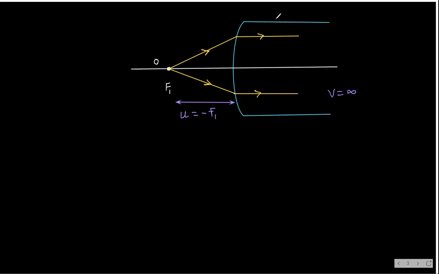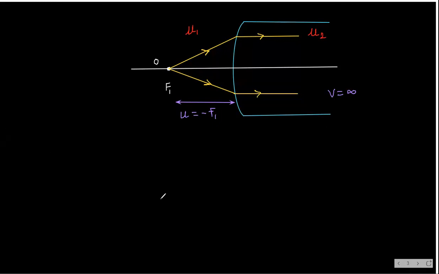And as usual, you can see there are two media. So here it is refractive index mu1, and this is refractive index mu2. First medium refractive index mu1, this side refractive index mu2. Now as usual, I said u is equal to minus F1 and v is equal to infinity. So let's go to the formula, like in the last case, how we have derived.